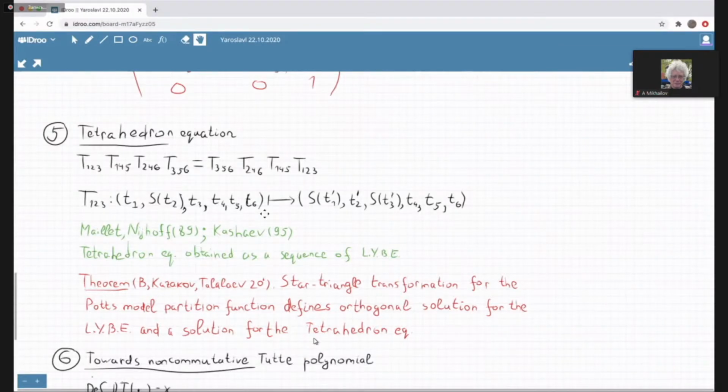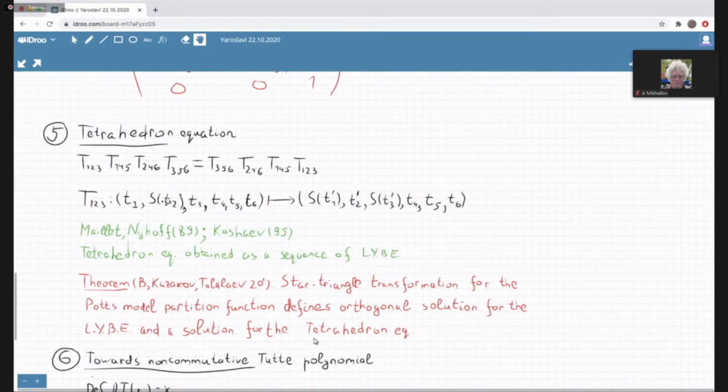And so, what is the tetrahedron equation? Here it's just the usual tetrahedron equation. These operators T_ijk are defined as follows. We have a tensor product of 6 vector spaces, and this T_123 is defined as follows. As written here, T1 S of T2 T3 and T4 T5 T6 remain the same, and this T_123 is connected with the T_123 primes as follows.